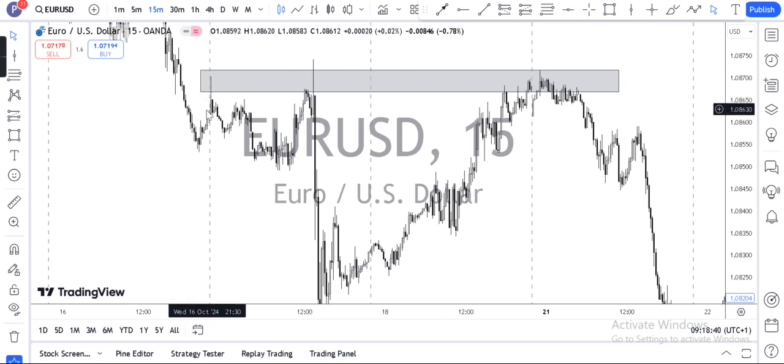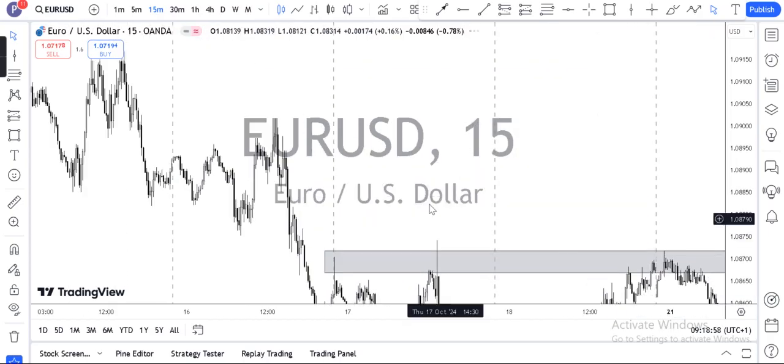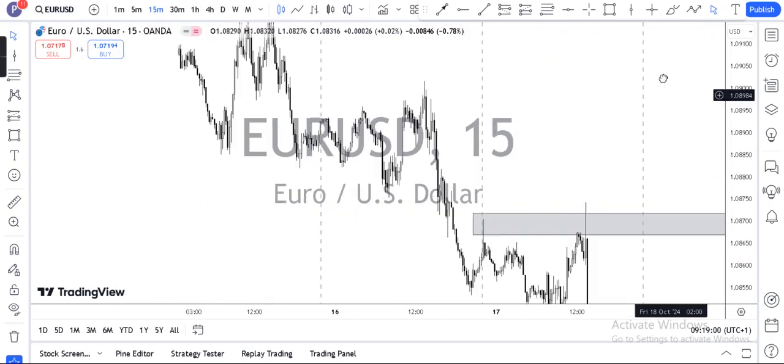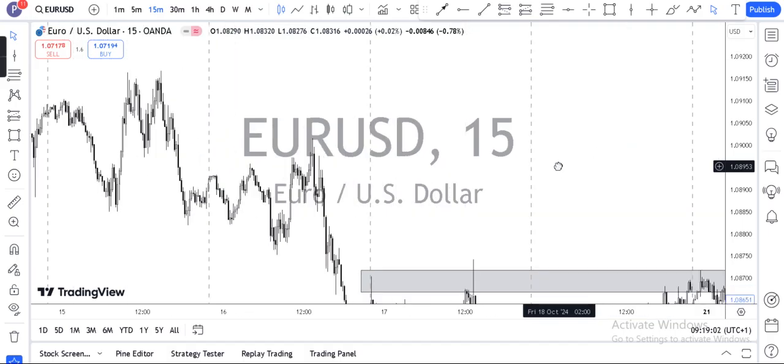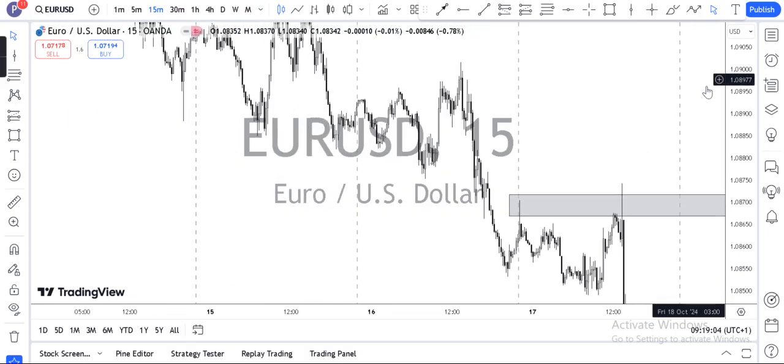So it simply means that whenever price got into this point, it didn't want to push up. It couldn't break to the upside. Thereby helping us understand that this was a resistance point to price on this particular day. Okay, very good. So we can see price giving us something like that again here.